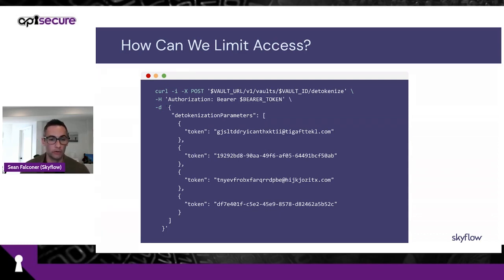And what we want to be able to do is make sure that just because someone has access to this token, they can't just call the API and get the original value, or that defeats the purpose of abstracting it away and securing it. So how do we control access to detokenizing this information?